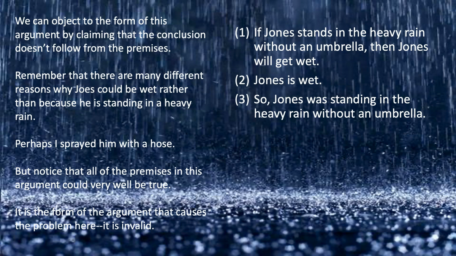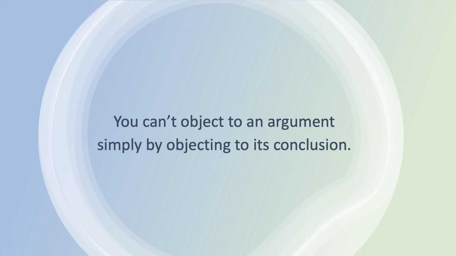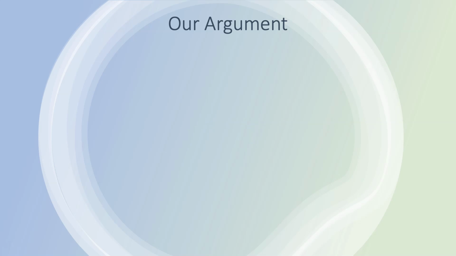Now, one more thing I want you to remember. You can't object to an argument simply by objecting to its conclusion. Now, this might be a surprise, but let's think about it a little bit. We'll go back to our argument. All fish swim. All sharks are fish. So all sharks swim.